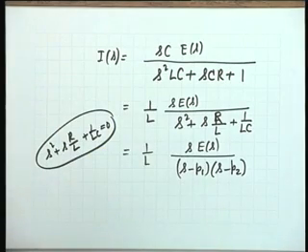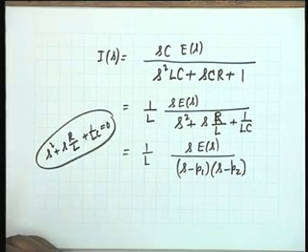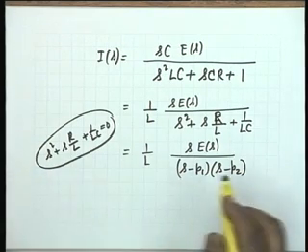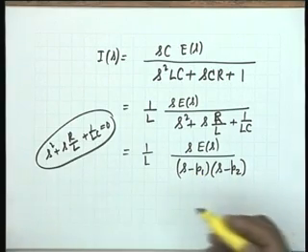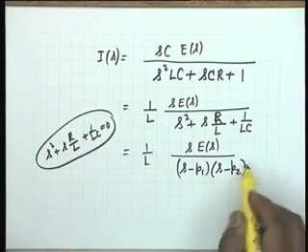P1 and P2 are the roots of this equation, and as you know, P1 and P2 are called the poles of the function. Poles, the values of S at which the function blows out, it becomes infinite, are called the poles. The values of S at which the function vanishes are called the zeros. How many zeros does this function have?